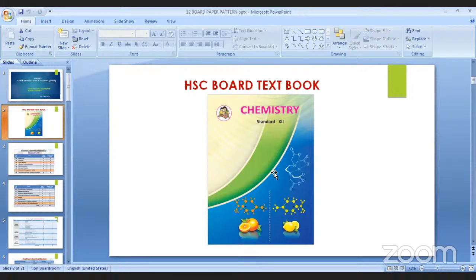All questions from every corner and each page of the textbook are important, because whatever questions come, they come only from the textbook. They will not be out of this textbook, and the answer expected is whatever is given in the book.